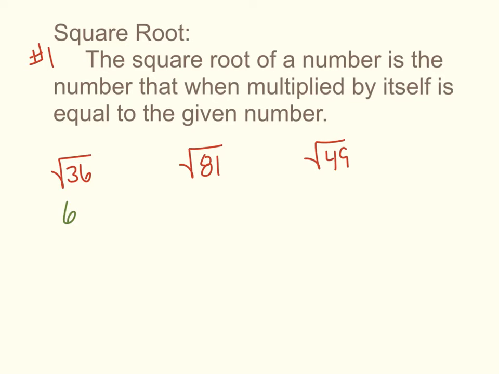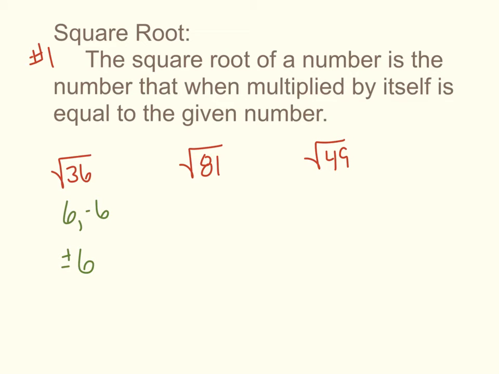That is true, but it's only one of the answers. Because if you remember your negatives, negative 6 times negative 6 makes a positive 36. So another possible answer is negative 6. And you see here that I've written it two different ways.